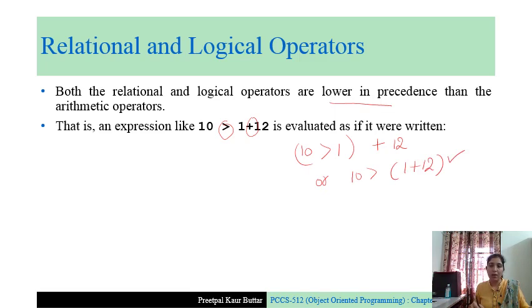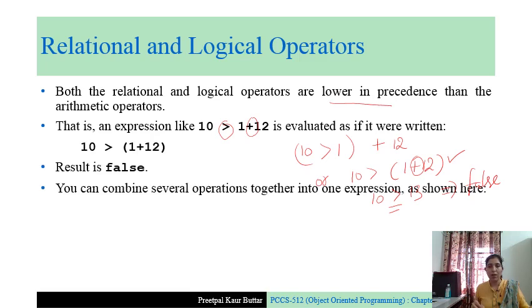So this plus expression will be evaluated first. So it will become 10 greater than 13, and then this operator will be evaluated and the final result will be false. The result of this expression is false. You can combine several operations together into one expression as shown in this example. Okay.